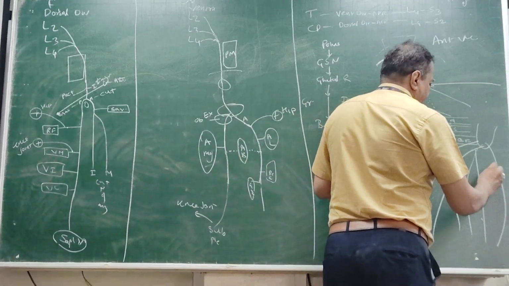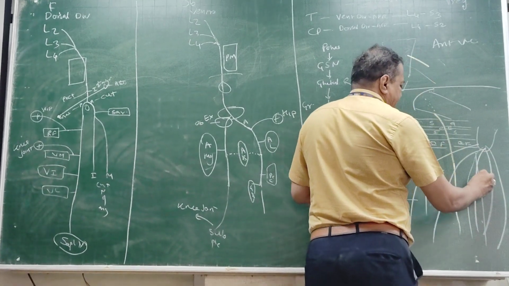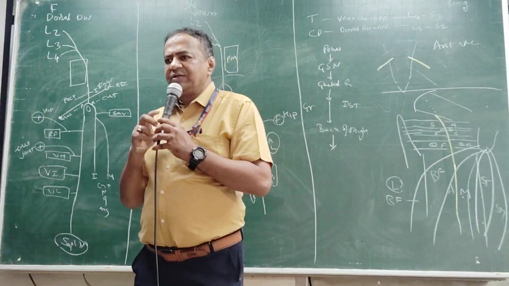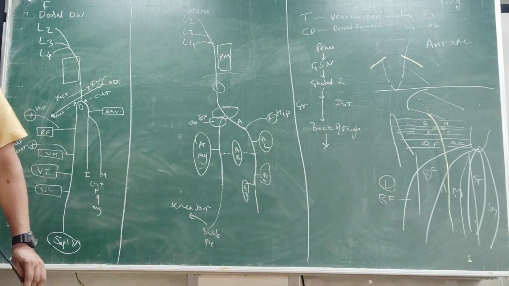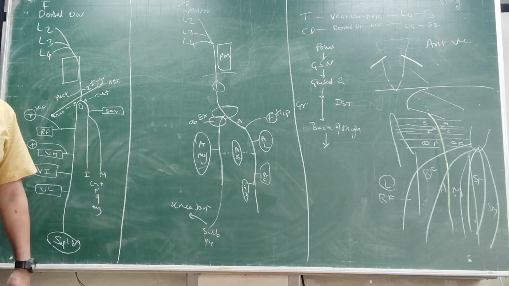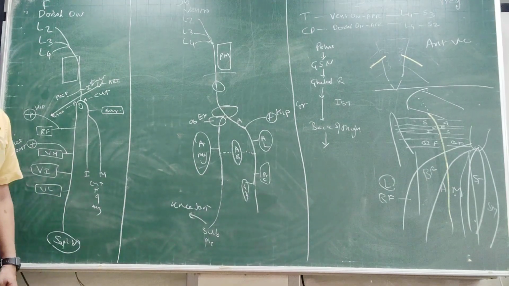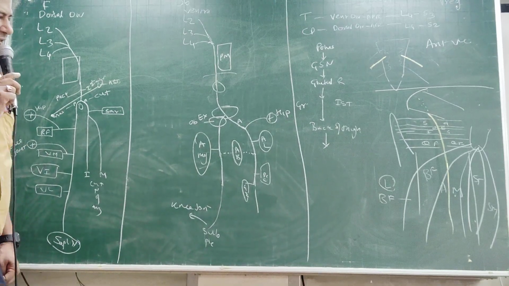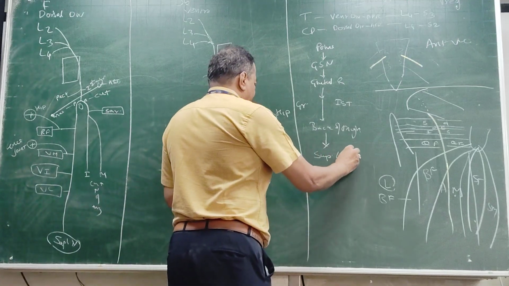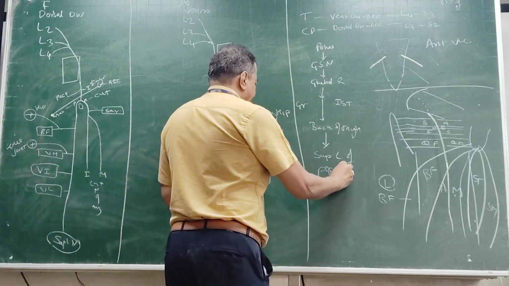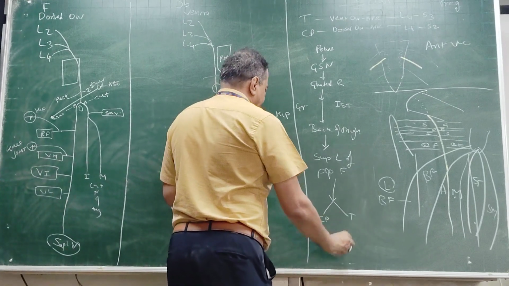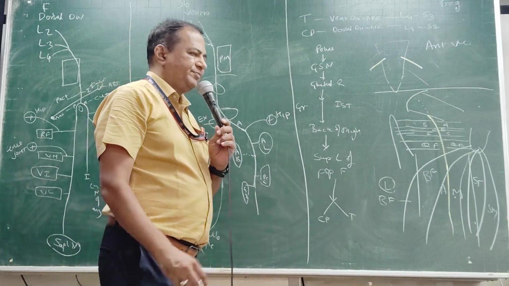Medial relation is semitendinosus and semimembranosus. Anterior relation is adductor magnus. At the superior angle of the popliteal fossa, it divides into tibial and common peroneal.